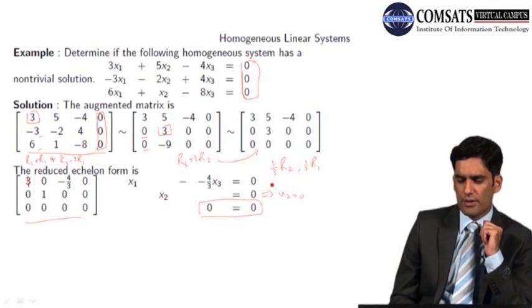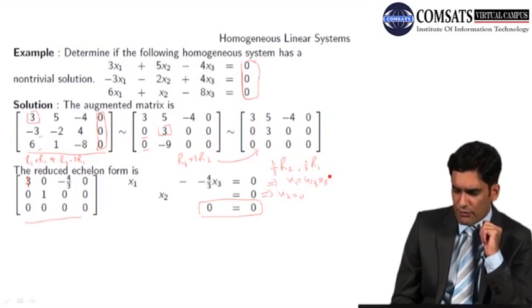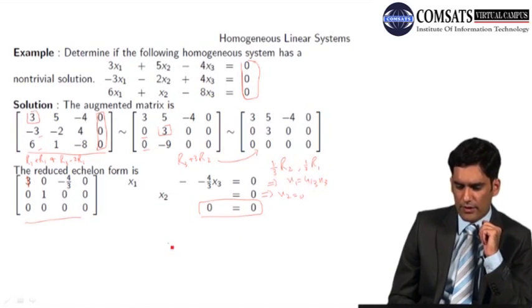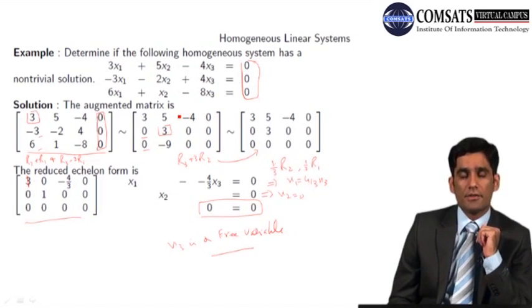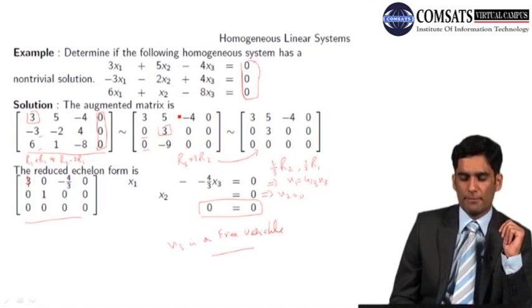And the first equation gives me x1 equals 4 by 3 times x3. So I have a free variable, x3 is a free variable. So our homogeneous system of linear equations has a non-trivial solution.